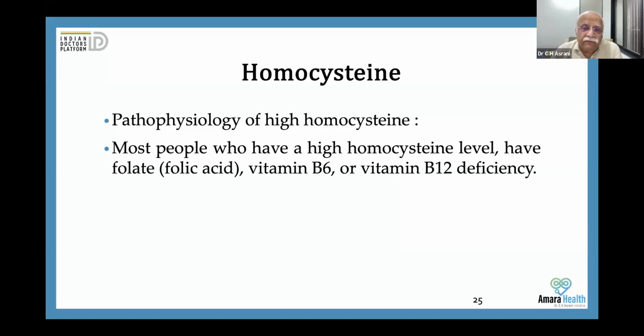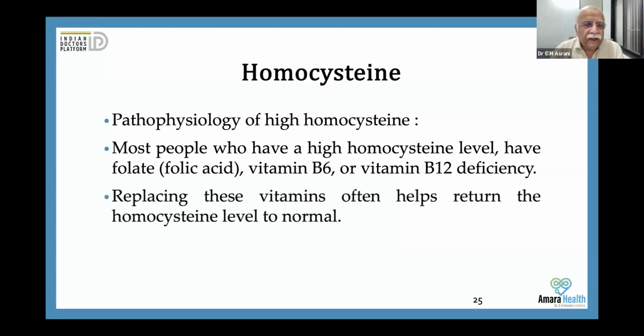The deficiency of these three vitamins, folic acid is B9, B6 or B12. Replacing these vitamins often helps return the homocysteine level to normal. So if you replace these, homocysteine levels may come to normal. You replace these either by diet or by supplements.